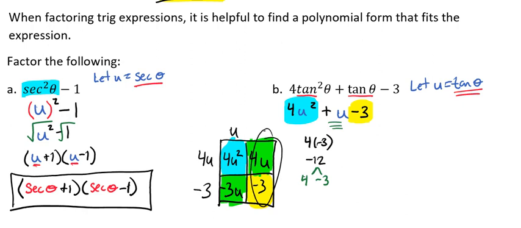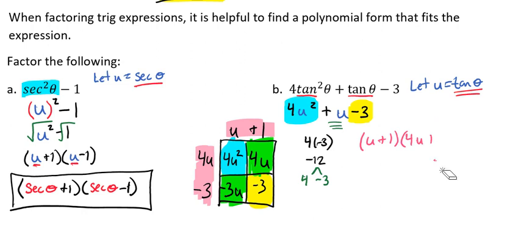Our first column has a u in common, and our second column doesn't really have anything in common, so we've got a plus 1. Then we're going to take these pieces right here, and those become our factors. Oops, that should be a minus 3. Let's try that again.